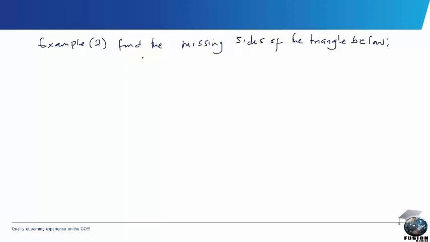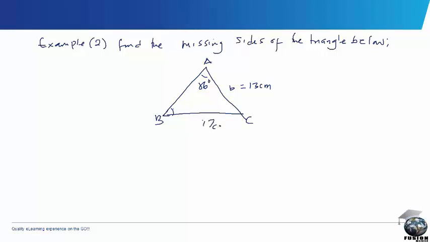You are given this triangle where we have A, B, and C. Angle A is 86 degrees, and then small letter b is equal to 13 centimeters, and small letter a is 17 centimeters.